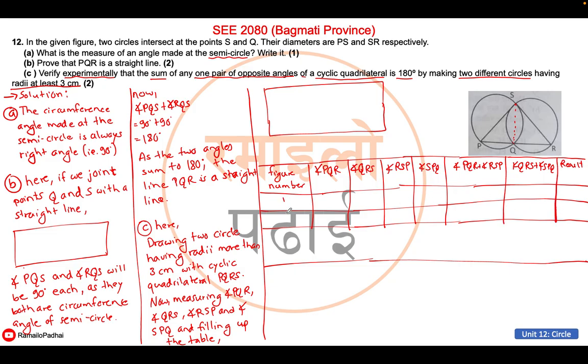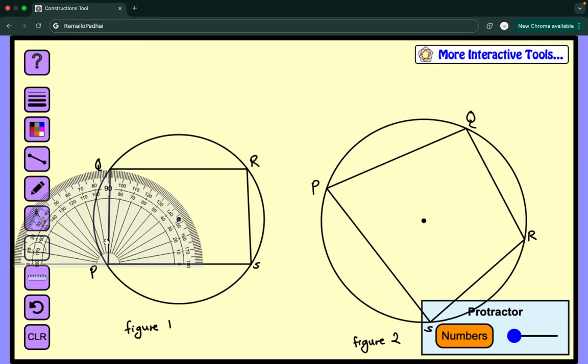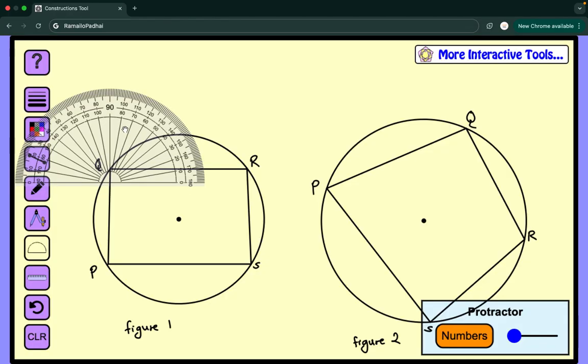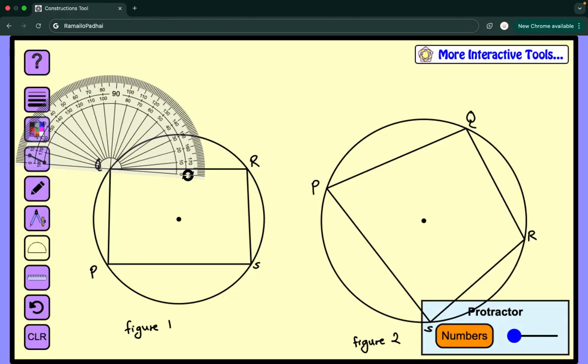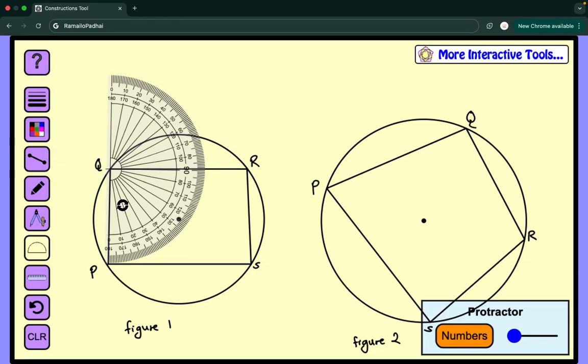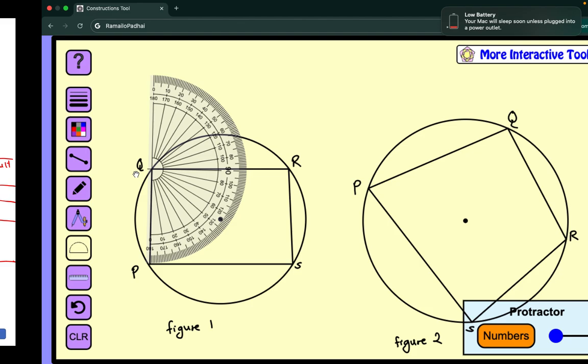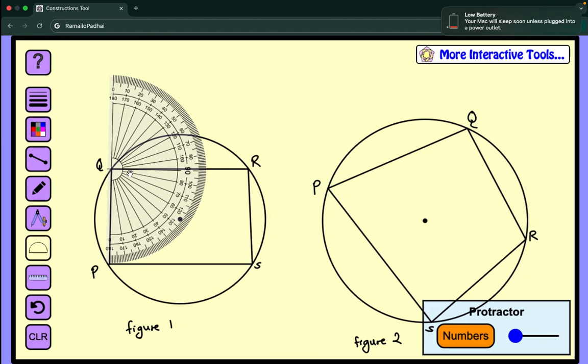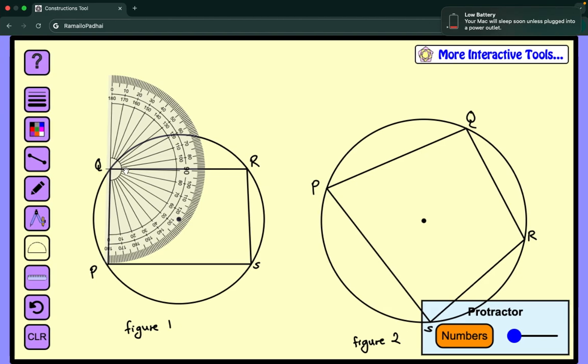For figure number 1 and figure number 2, we will measure each angle now. The first one is angle PQR, and it is 91 degrees. What happened here?